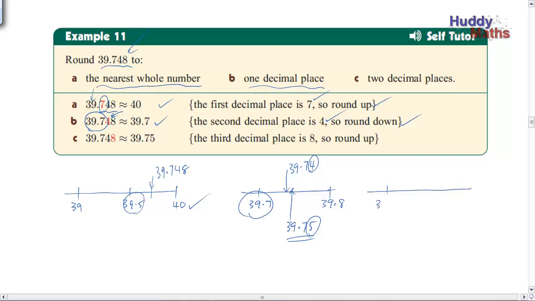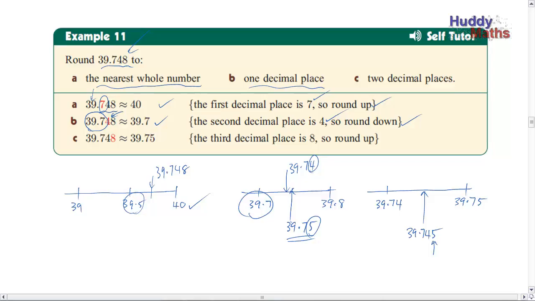39.748. So let's go 39.74. We want it to the nearest second decimal. 39.75. So the halfway mark between these, 39.745. Remember, there's 5 thousandths between 0.4 and 0.5. Okay, so that's our halfway mark.